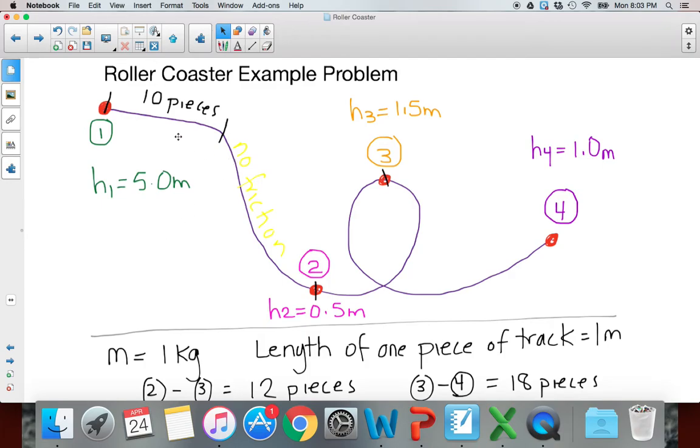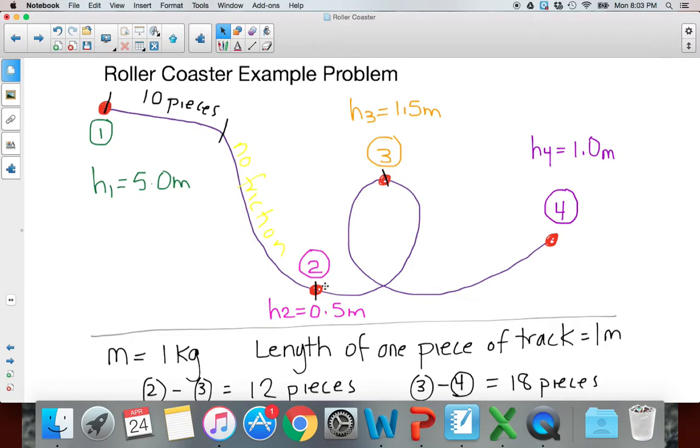Things that you'll have to do is know, for example, I said this steep drop, I'm assuming there's no friction there. I didn't even count the pieces. But you should know up to every single point on your coaster how many pieces there are. In this case, between 1 and 2 there's more than 10 pieces, but I'm only counting 10 of them because that's where it's kind of flat and there'll be friction.